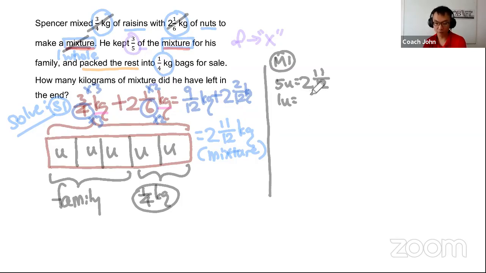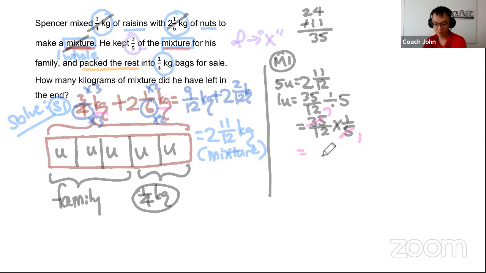So we have 2 whole times 12, which is 24. 24 plus 11 will be 35. So it will be 35 over 12 divided by 5. Am I right? Please check for me. Okay, so I will do cancellation.